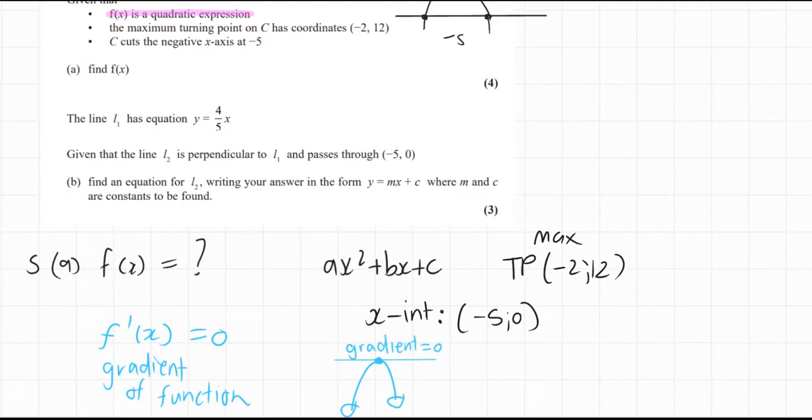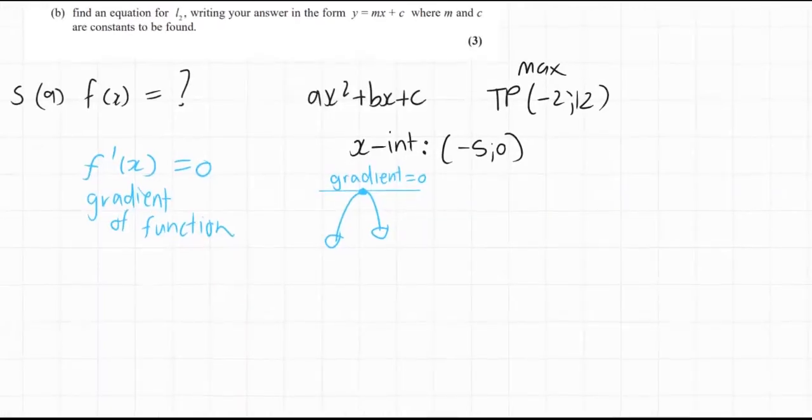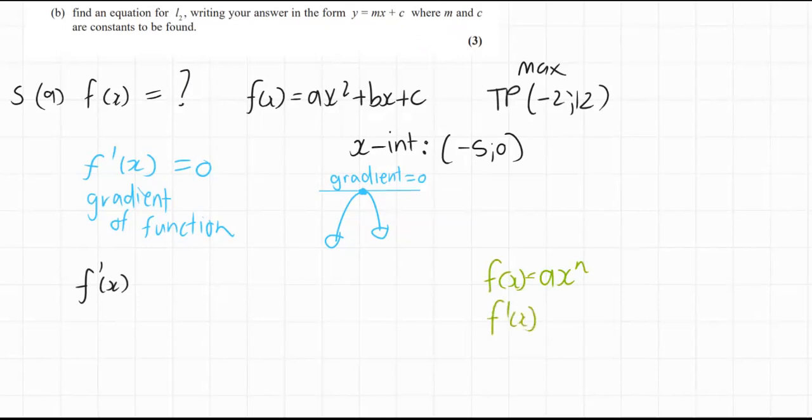First thing, find some sort of formula for f dash of x. Well, f dash of x can be taken from our f of x, knowing that it's quadratic. If you have a times x to the power of n as your f of x, then f dash of x would be n a x to the power of n minus 1, in that order.